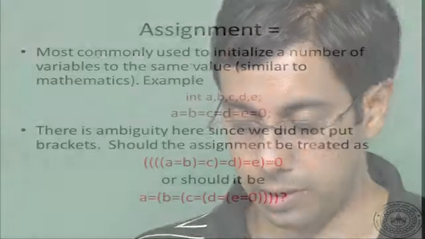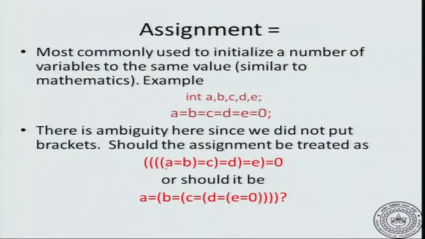For example, if you go from left to right in the previous, this simply does not make any sense, because you have just declared a, b, c and so on, and when you say a equal to b, a and b are not initialized yet, right? So, this assignment hardly makes any sense.